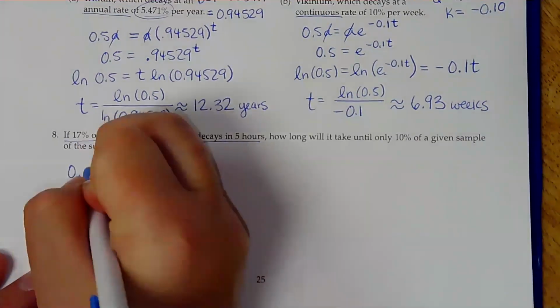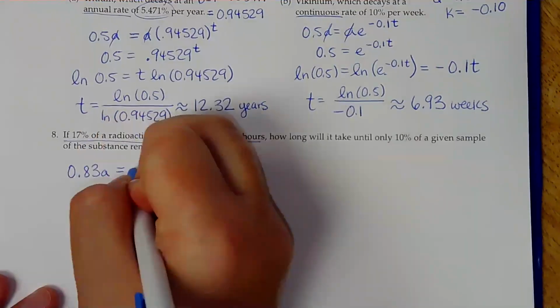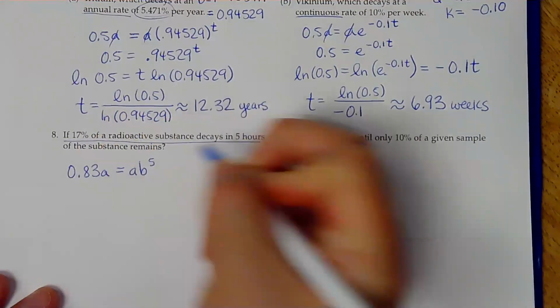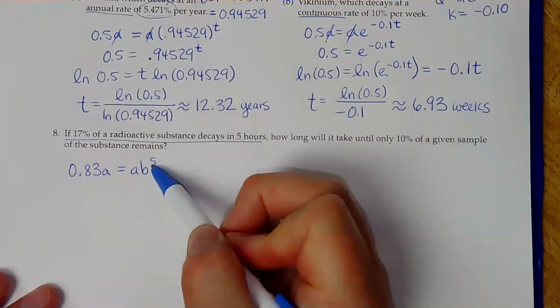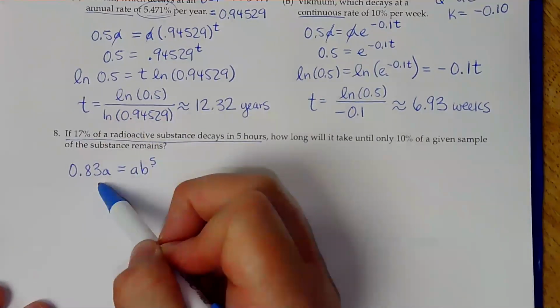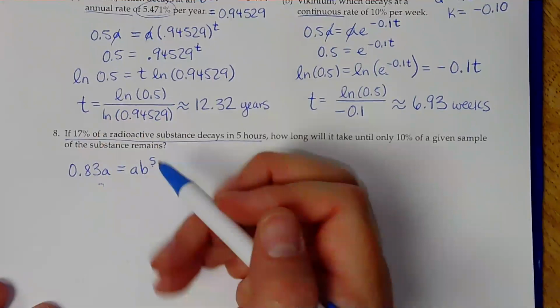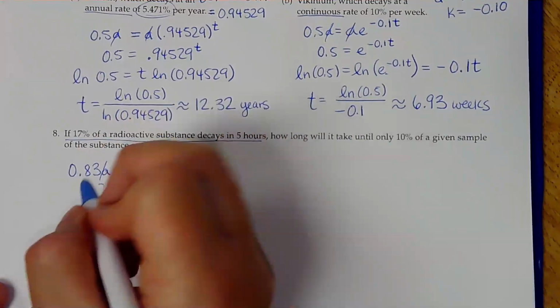So 0.83A is equal to AB to the 5th. So after 5 hours, 17% goes away, so I'm left with 83%. Okay, so hopefully that makes some sense how I came up with that. These A's will cancel.